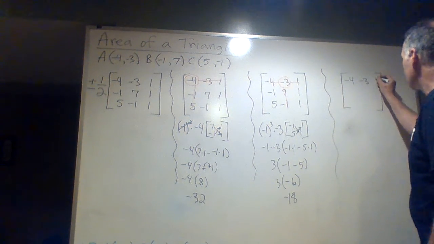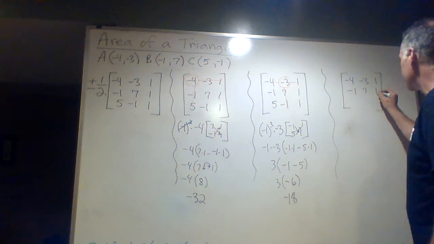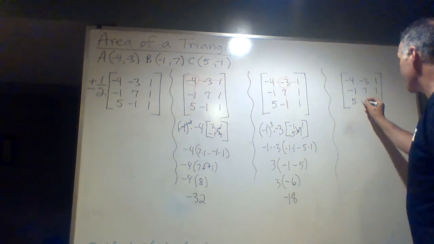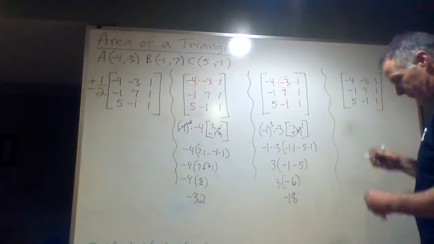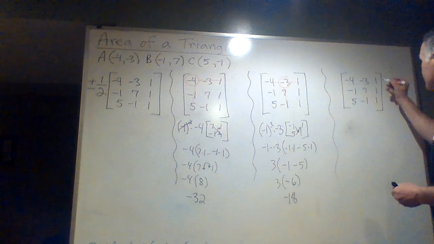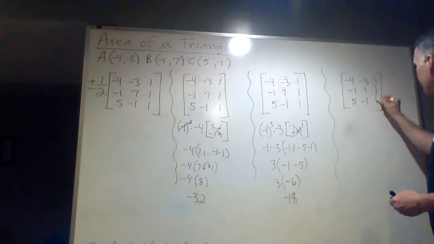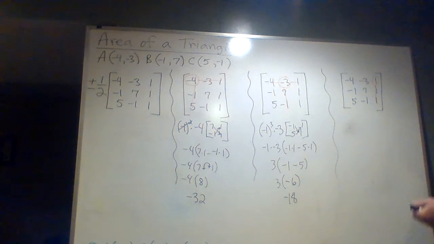-4, -3, 1, -1, 7, 1. 5, negative 1, 1. Okay. Now again, we circle, cross out the row, the column. Okay.